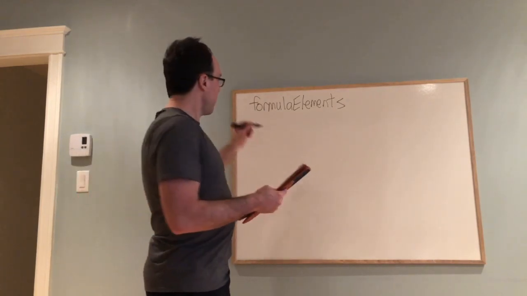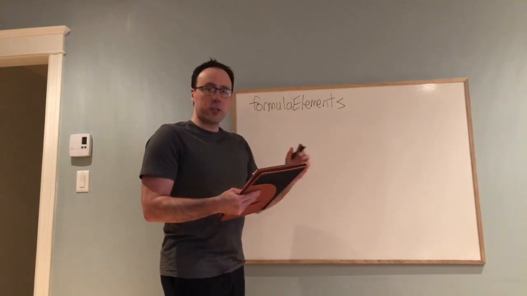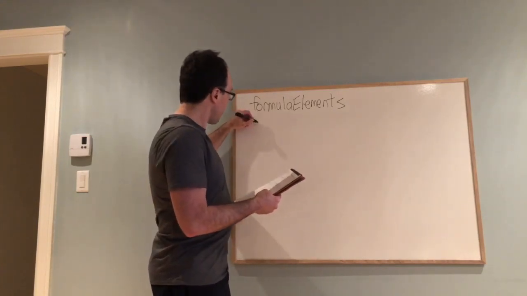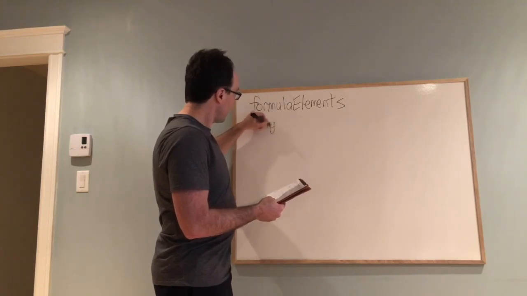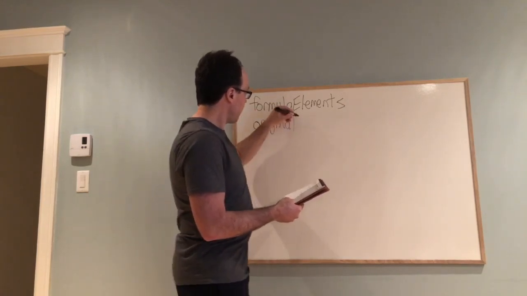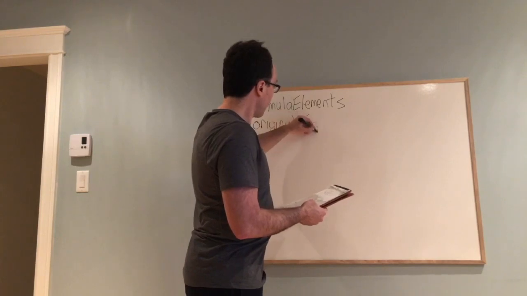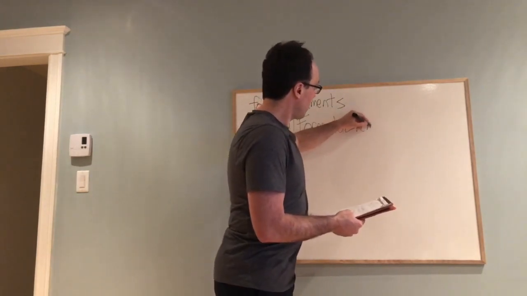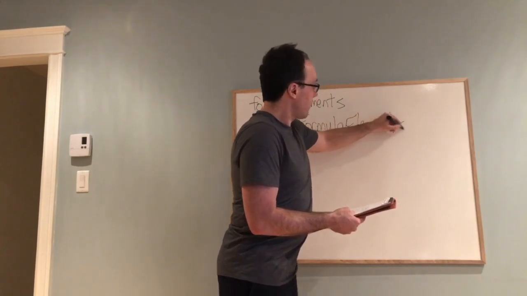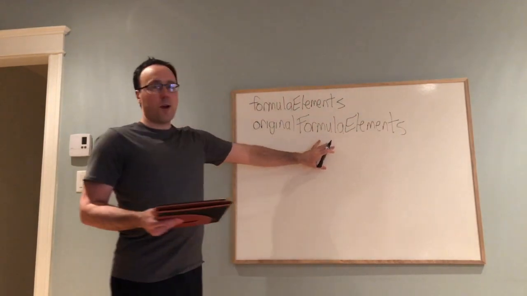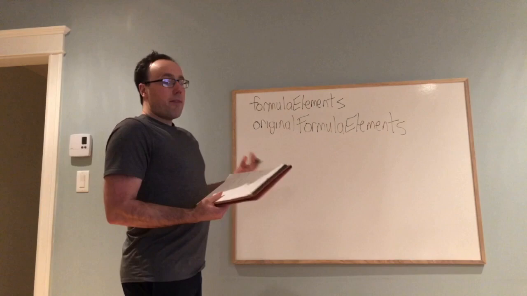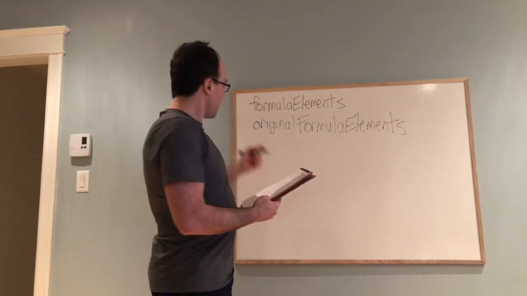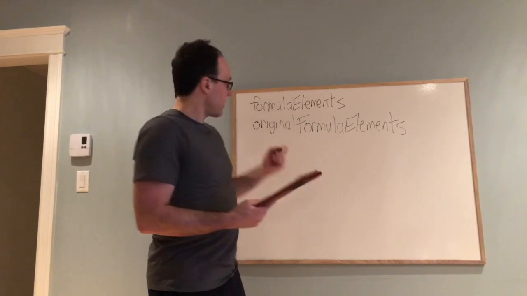Now the other array I'm going to use is called original formula elements. So I'm going to write that down here. And this once again is an array of strings as well. And then the last variable that I need, which is a global variable in this case, I'm going to call current number.